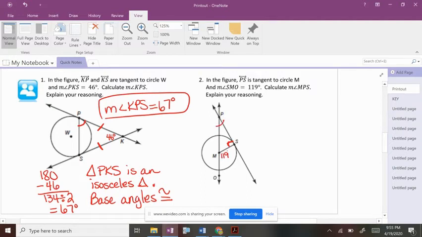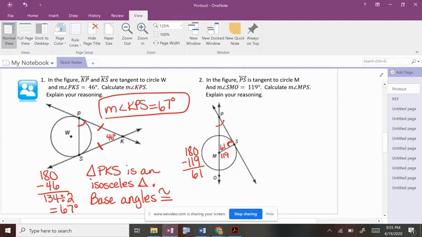Again, seeing your triangle, you know that the exterior angle is 119. So I'm going to use the 180 rule because those two side by side are supplementary. So I know this angle equals 61.